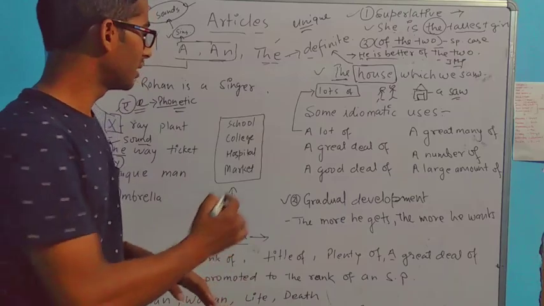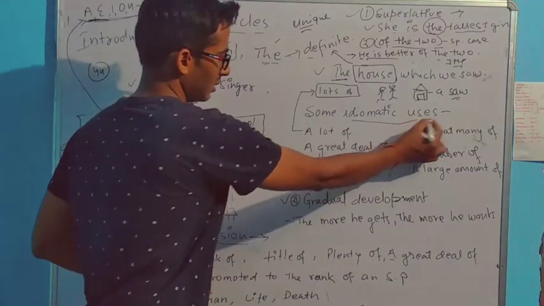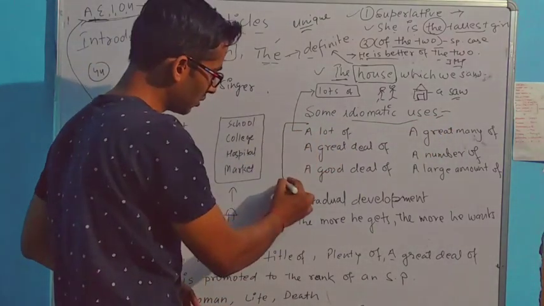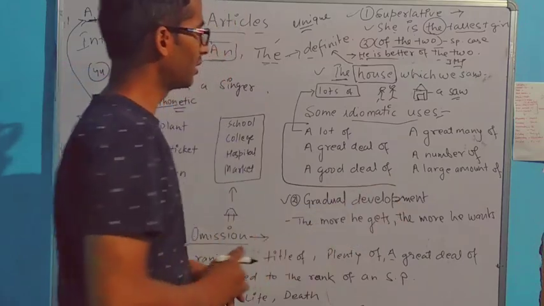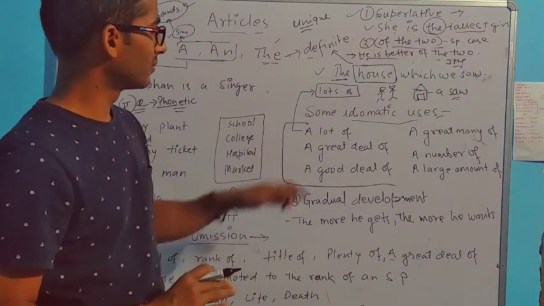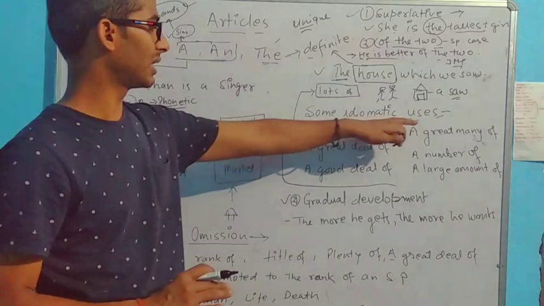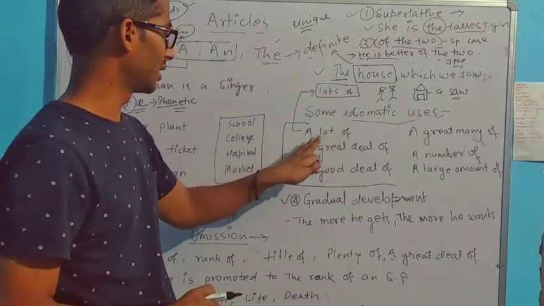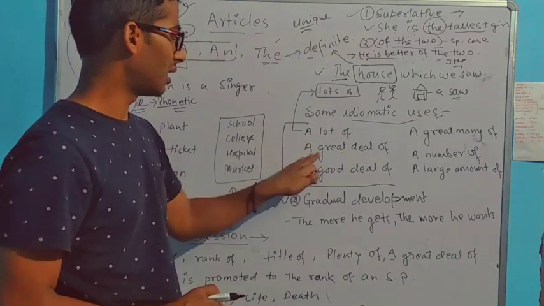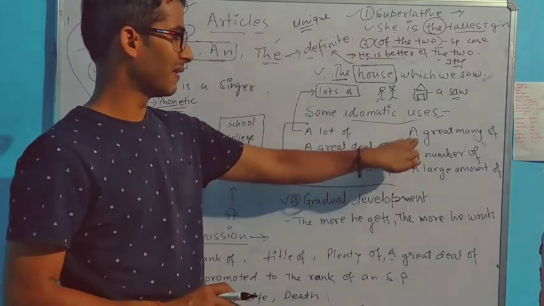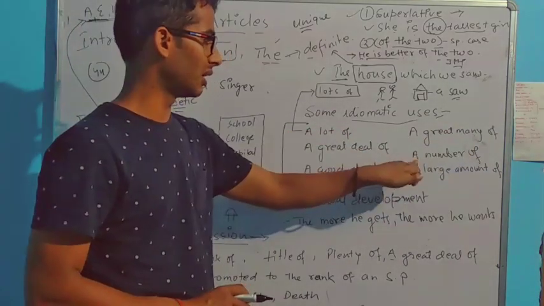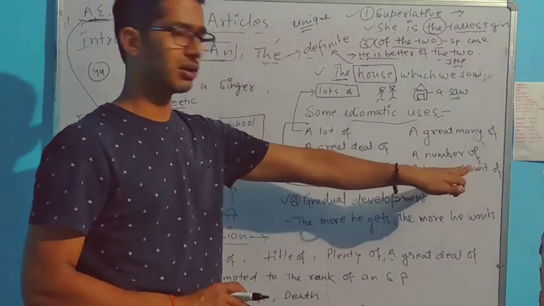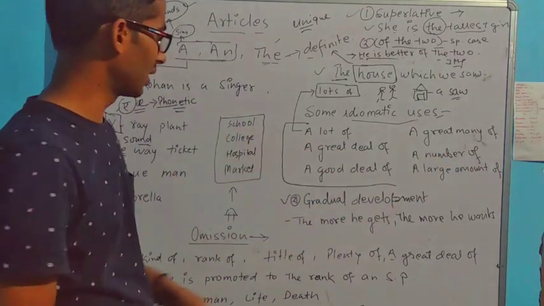Here are some idiomatic uses. You should remember all these. Whenever you use these idiomatic uses, you will use the. Whenever you get a lot of, a great deal of, a great many of, a number of, a large amount of the money, like.